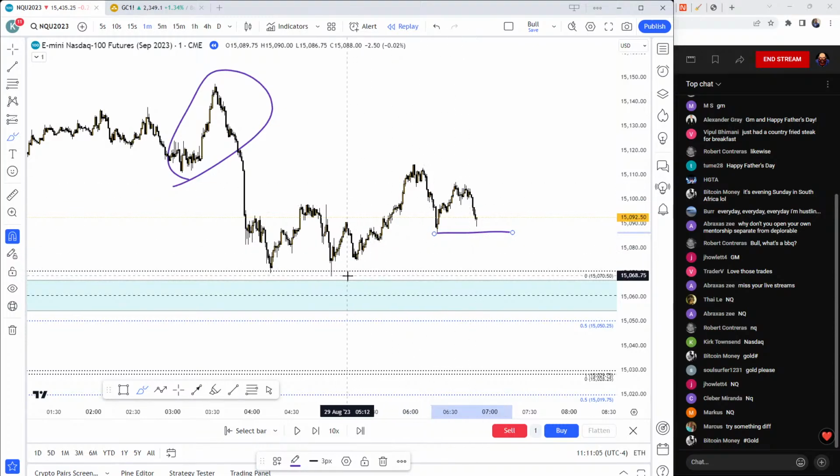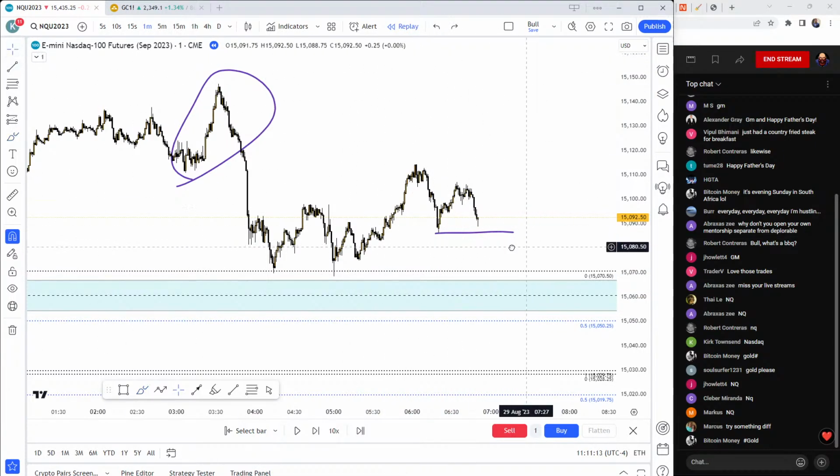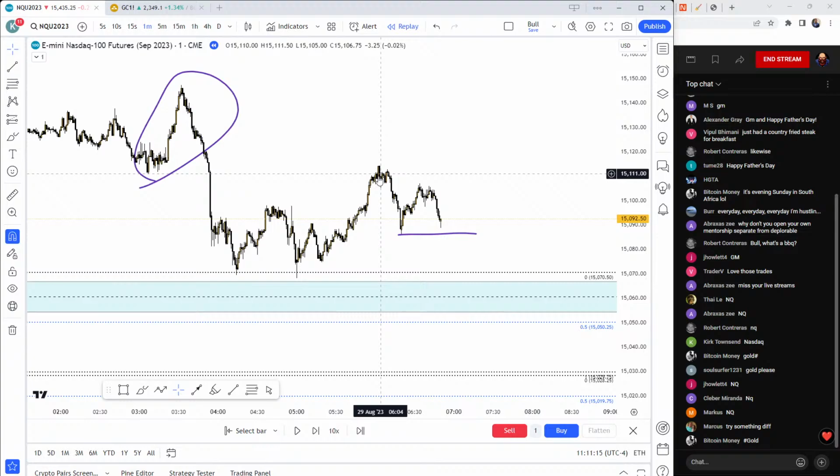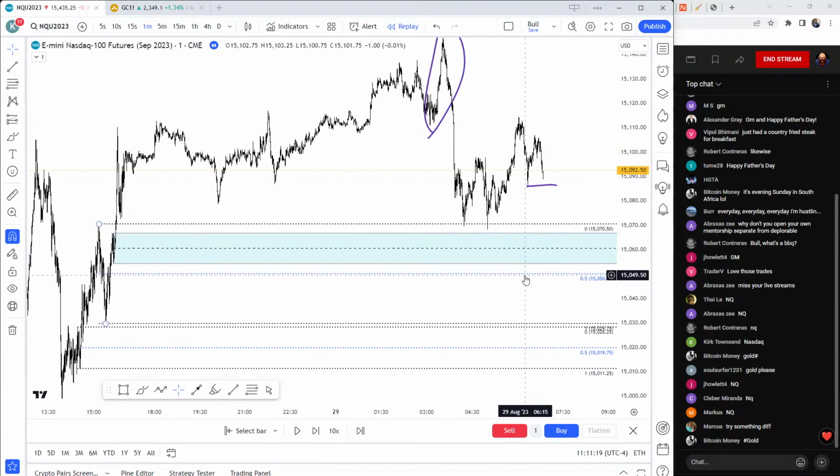I would be interested to see what's going on with this low here because it's sitting right above a key point of interest. So we'll play this till about 8 o'clock. We'll see if we get a movement into our point of interest or not. We've got our midpoint here of that zone, which is definitely a point of interest.